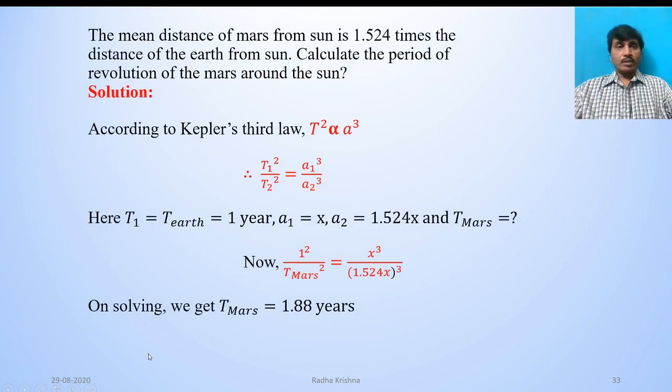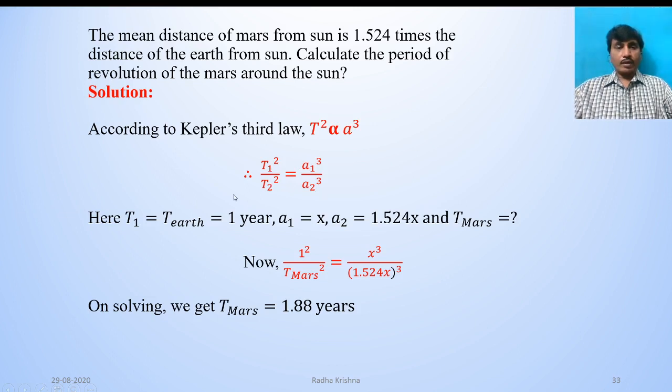The second problem is: the mean distance of Mars from the Sun is 1.524 times the distance of the Earth from the Sun. Calculate the period of revolution of Mars around the Sun in terms of Earth years. According to Kepler's third law, T squared is proportional to a cubed. Therefore T1 squared by T2 squared is equal to a1 cubed by a2 cubed.